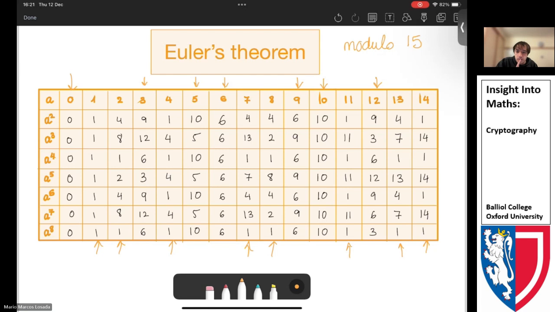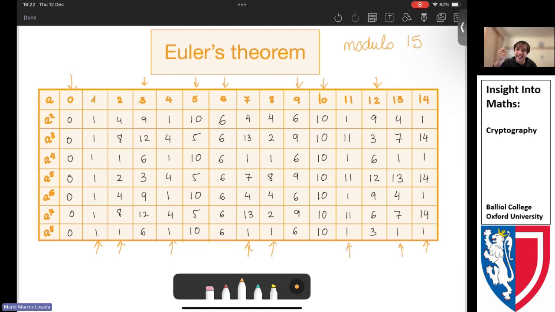Can anyone find a pattern of which columns are marked above and which are marked below? So what is different from the numbers 0, 3, 5, 6, 9, 10, 12, and the numbers at the bottom: 1, 2, 4, 7, 8, 11, 14? Yeah, someone's saying the ones at the top have factors of 15, or factors that are factors of 15.